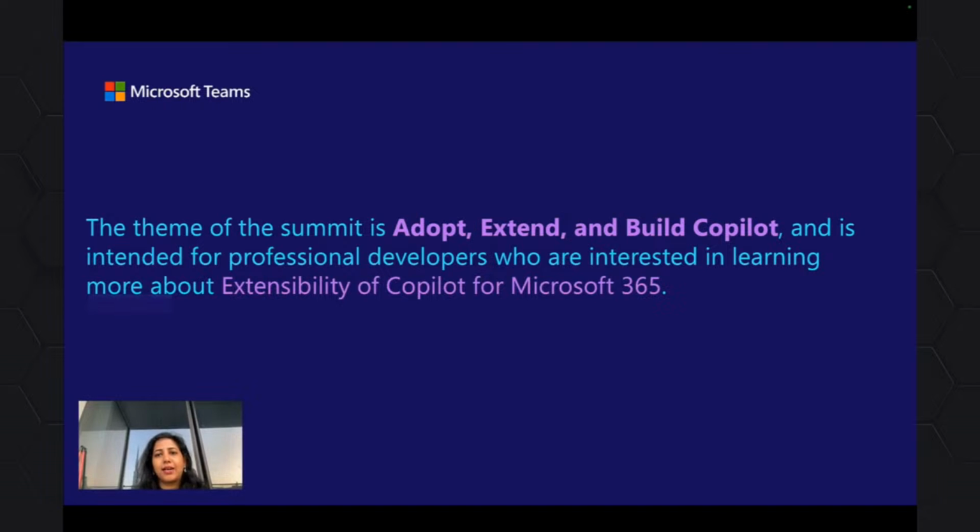How do I get data into Microsoft 365? It is possible, and that is where you use the extensibility of Copilot. You're getting your data into the M365 bubble and connecting it so that I don't leave the M365 bubble. I'm able to access my entire application data inside M365. So that's about extensibility.